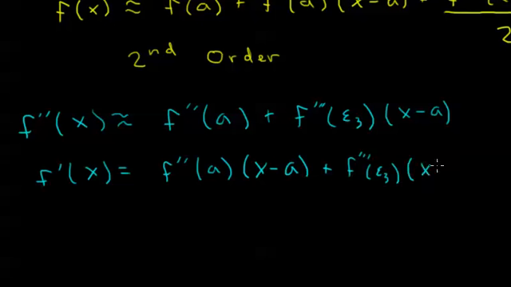Then our constant of integration this time will be f prime of a, for the same reason as before. I'm going through this quickly, and you should check the steps along the way in more detail, but it's the same process as we went through before.